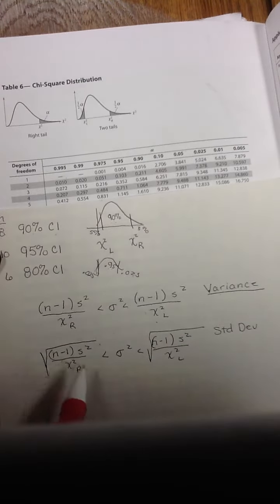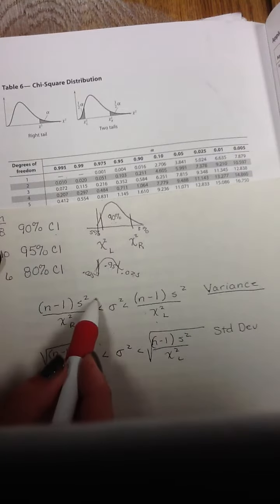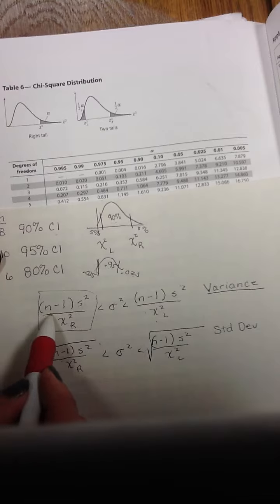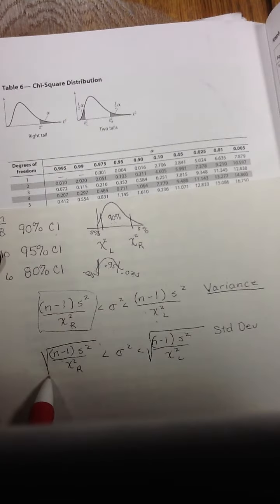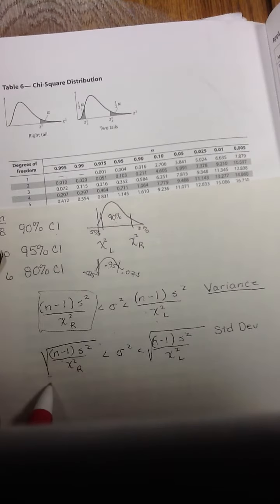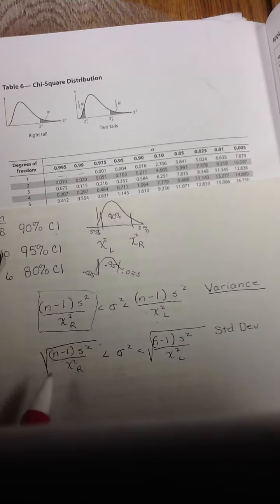My advice to you is once you have calculated this number, I would go ahead and take the square root of it right away so that you aren't rounding a lot for your standard deviation. And then just write that number down so you have it for later. That way you don't have to re-put it into your calculator and make a rounding error.